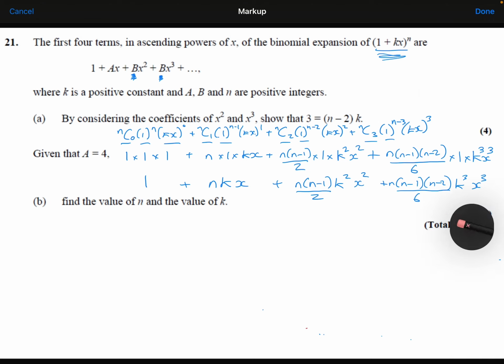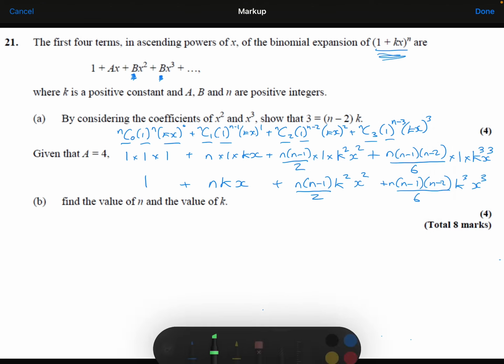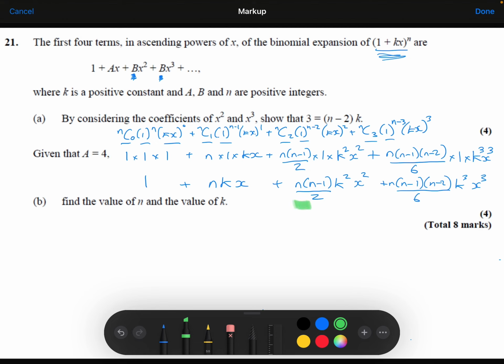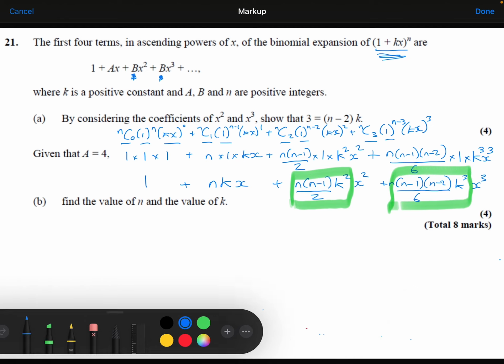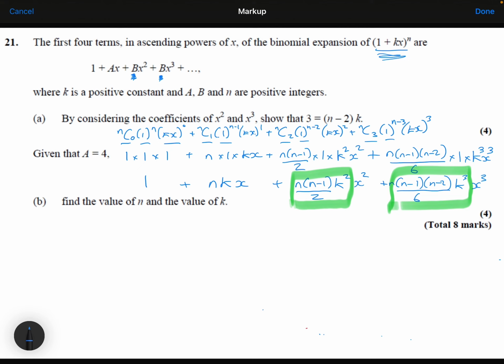The coefficient of x² is this, the coefficient of x³ is this, so let's equate those two. We can say n(n−1) over 2 times k² is equal to n(n−1)(n−2) over 6 times k³.